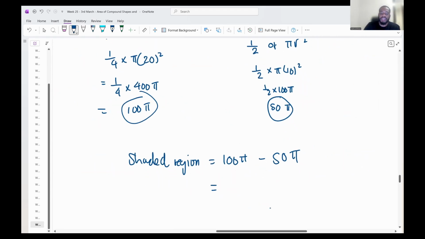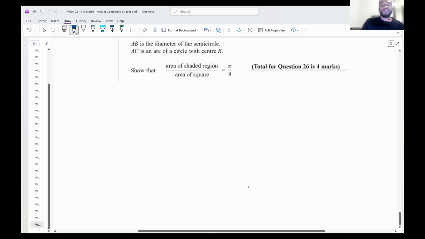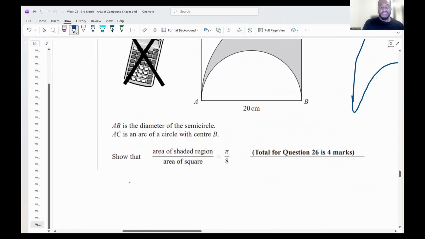What is 100 pi minus 50 pi equal to? Well, 100 take away 50 is 50. It's a like term, so it's just going to be 50 pi. So the shaded region is equal to 50 pi.